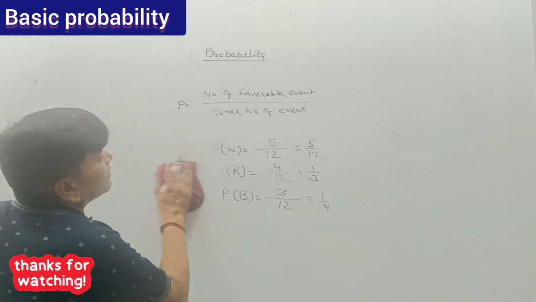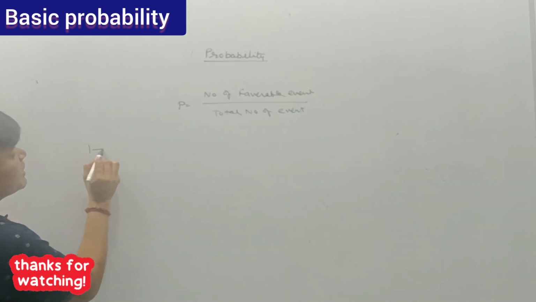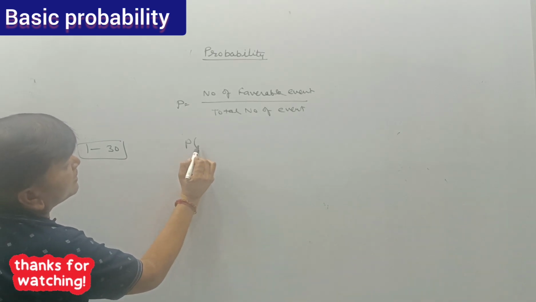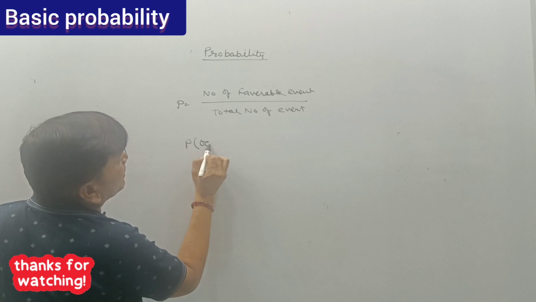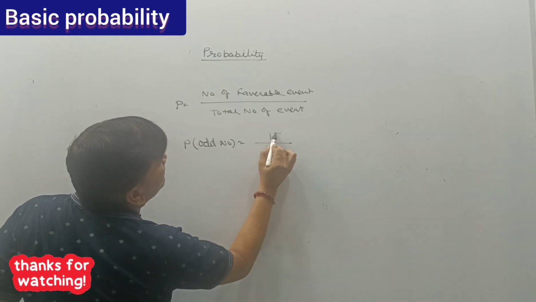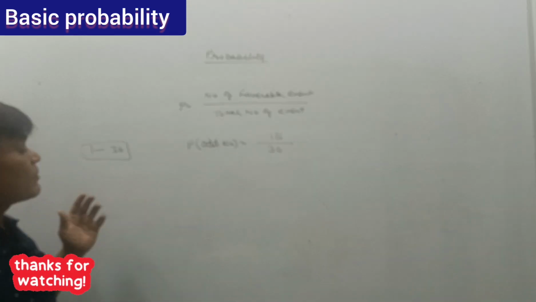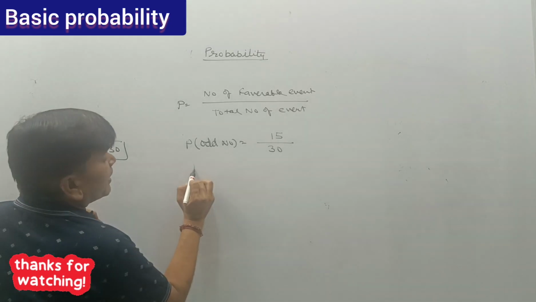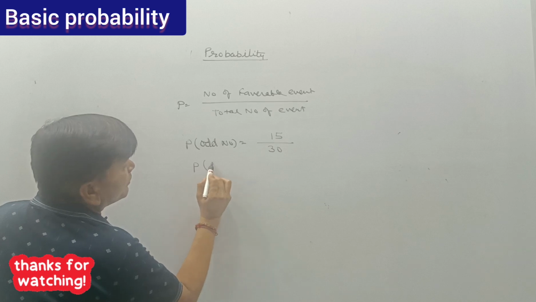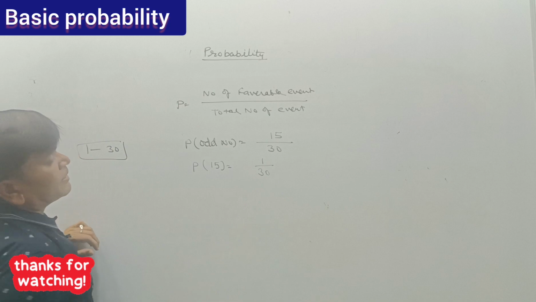Suppose I have the numbers 1 to 30. If I want to calculate odd numbers, the total is 30, so odd numbers will be 15. Even numbers are 15, odd numbers are 15. If I want the probability of getting 15, only one 15 is there from 1 to 30.